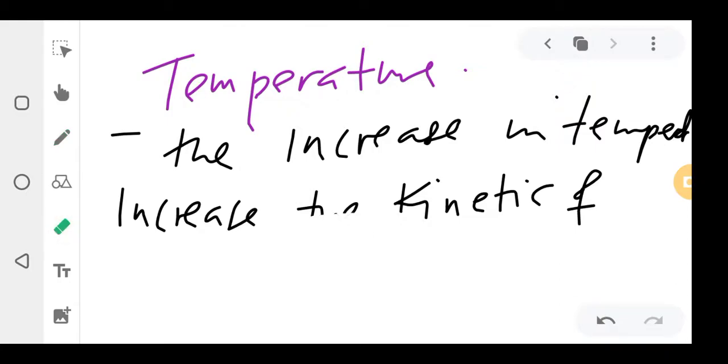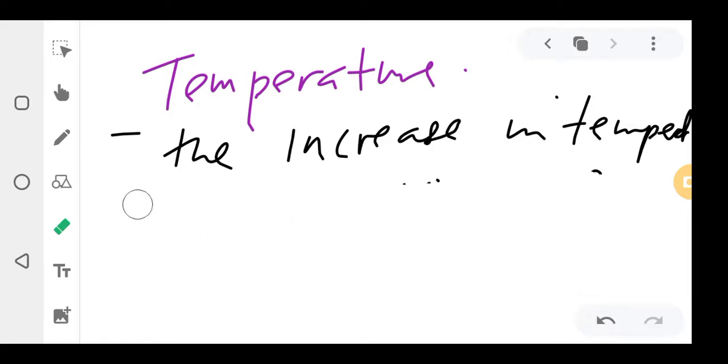Okay, before I even reach the kinetic energy, let me make you understand. When you increase the temperature, it increases the enzyme activity.